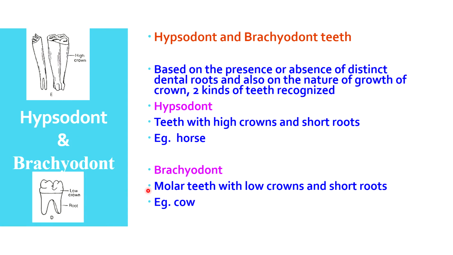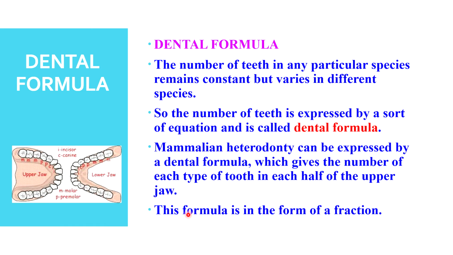And the brachyodont tooth, here the molar teeth have low crowns and short root. The root is short as well as the crown is very low in structure. Yes, that is brachyodont teeth, and the example is cow.